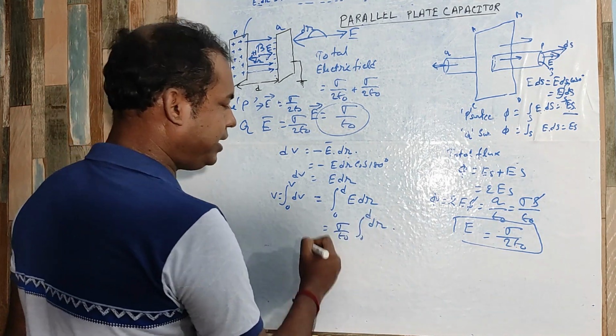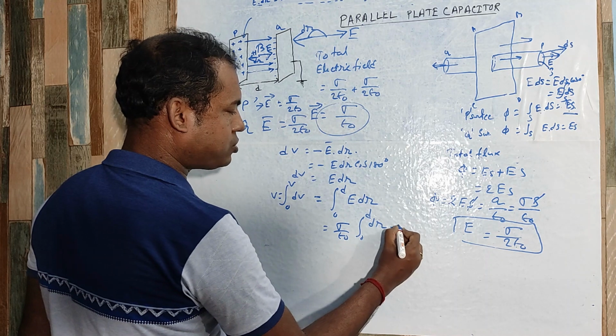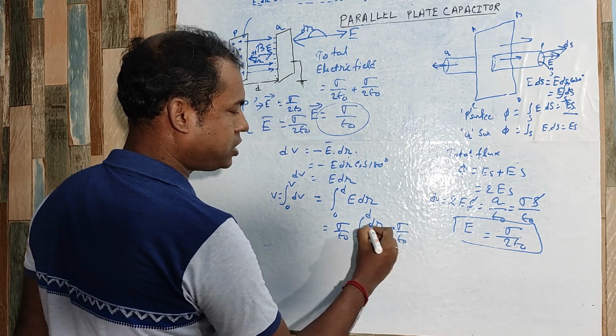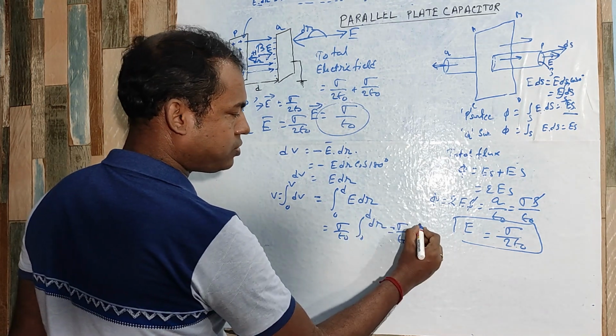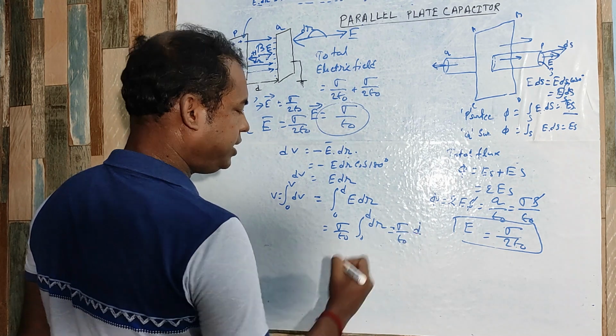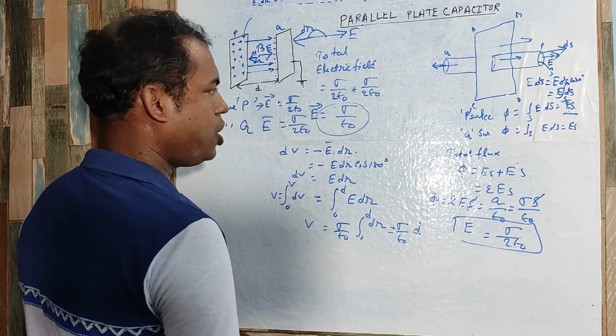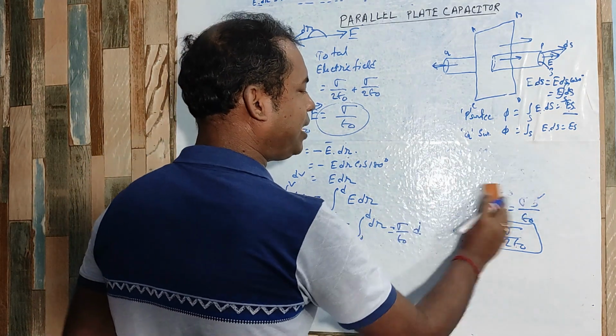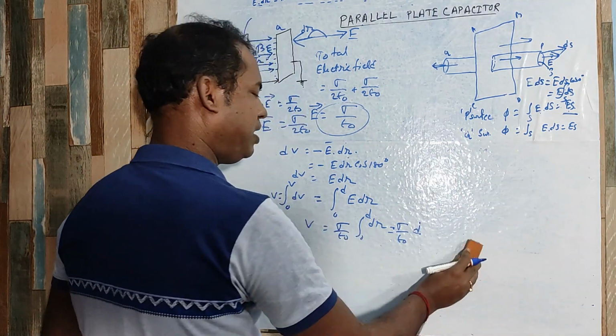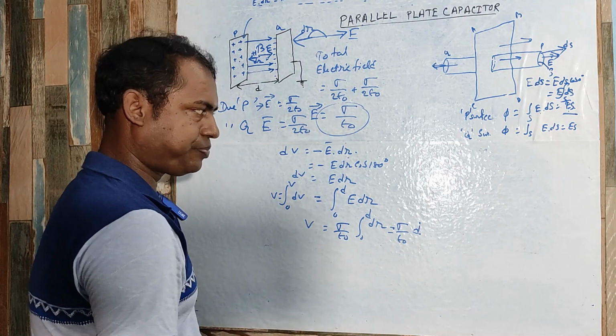After we integrate, we get sigma by epsilon naught times the integral from 0 to d, which is simply d. So this gives the total potential, V equals sigma by epsilon naught times d.